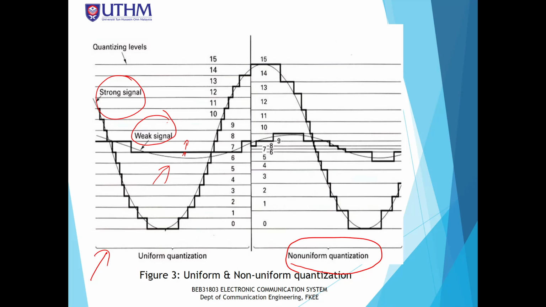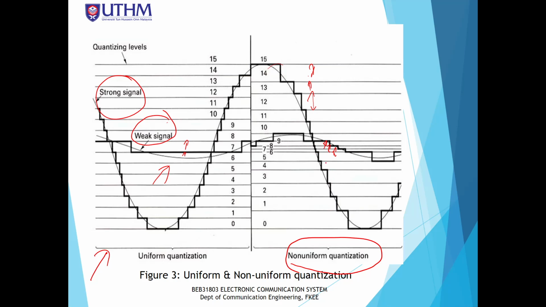Okay, so kalau dilihat di sini dia punya step size yang atas ini tunjukkan perubahan amplitude yang besar, dia akan menggunakan step size yang besar. Manakala untuk weak signal, we're gonna have a very small step size, okay, to do the quantization process.